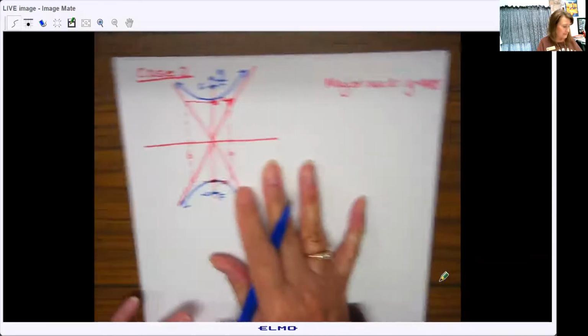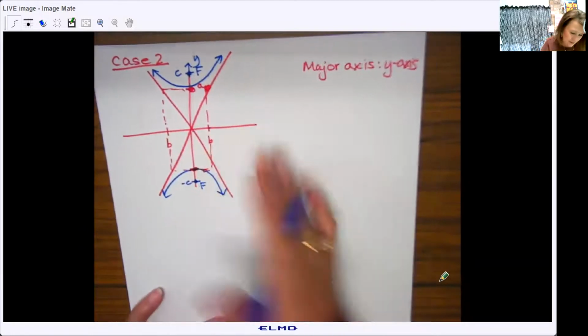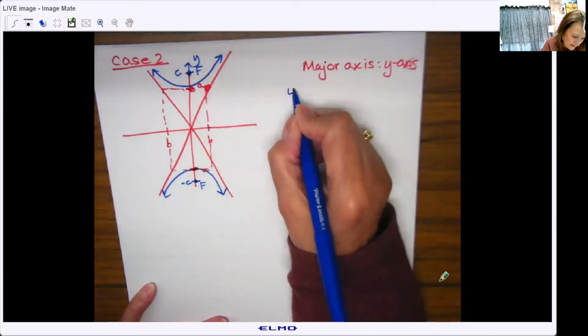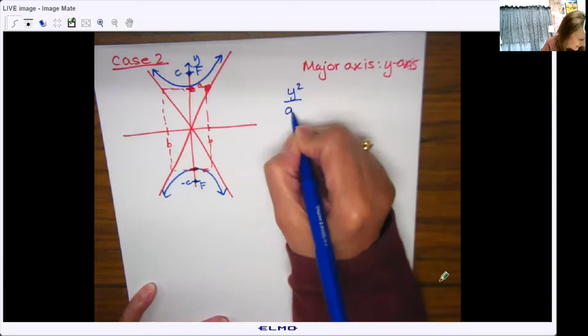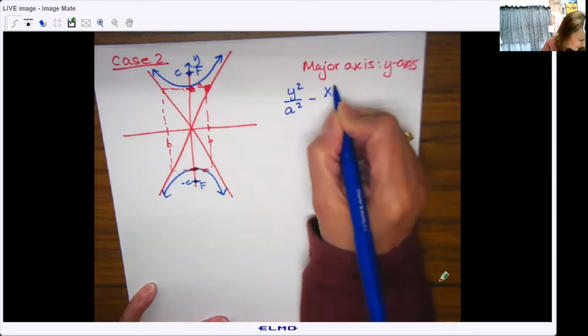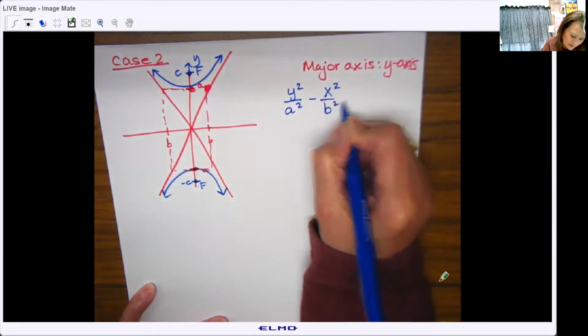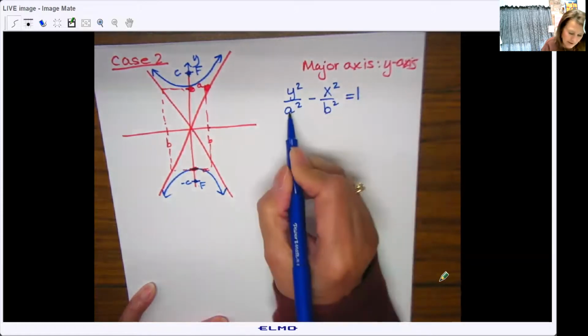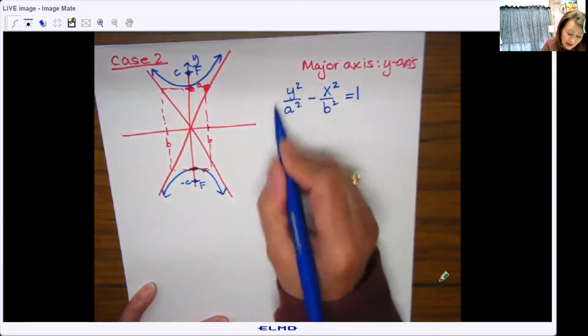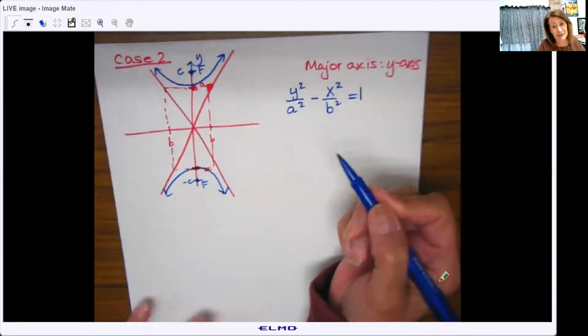Notice no co-vertices. Okay, this time the equation is y squared over a squared minus x squared over b squared equals 1. Notice this time it's the positive. A is not necessarily bigger than b.